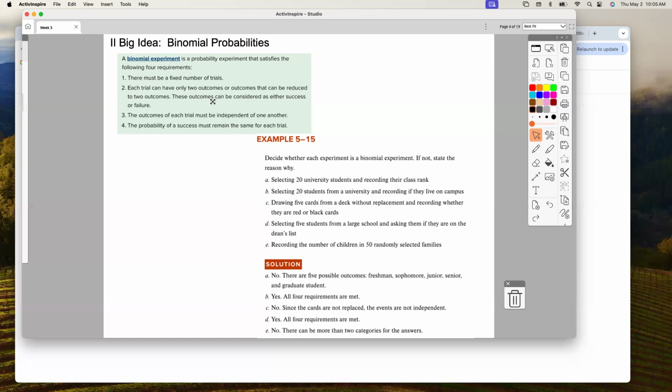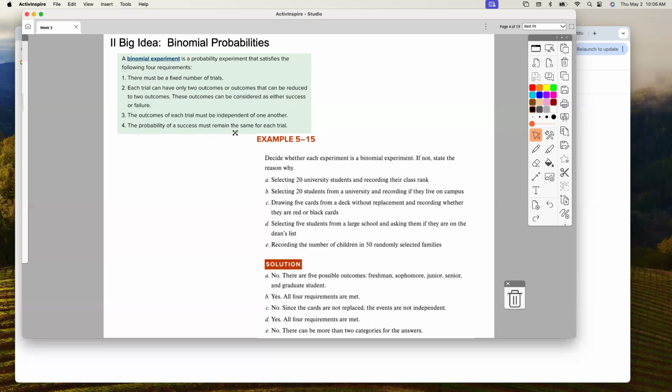A success essentially means we observe an observation, and a failure is obviously not observing that observation. So a success can be an observation or an outcome we're interested in, and the other one is failing to observe it.